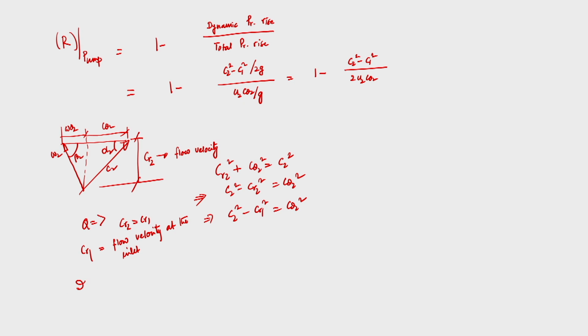If there is no swirl at the inlet, then C1 will be equal to CR1.